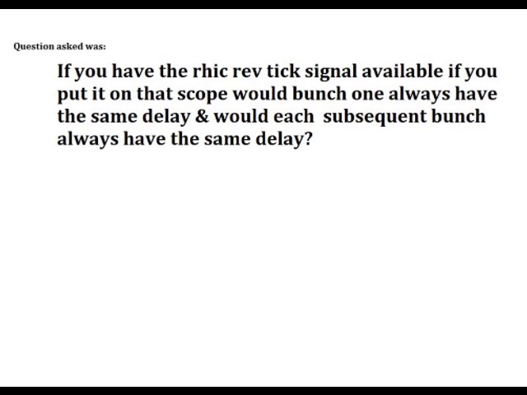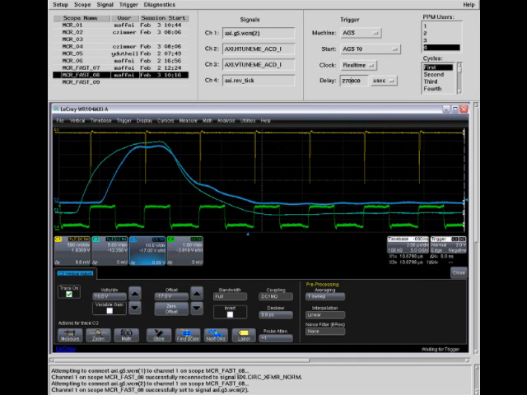Rev tick comes out once every RIC revolution, so it would have the same relationship to bunch 1 all the time, and you'd be able to put them on one display, because the goal of the phasing of the rev tick is to put rev tick on the rising edge of bunch 1. It has to be static, that's the point.